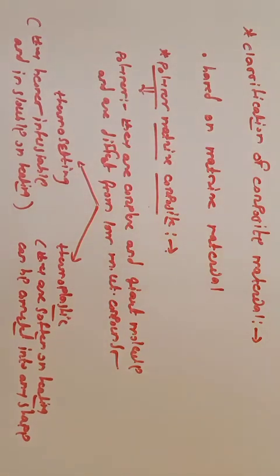So in this lecture we are discussing the classification of composite material based on the matrices. The first matrix is polymer. We are very much familiar with polymers, and their classification according to behavior after heating and cooling is into thermosetting and thermoplastic polymers.